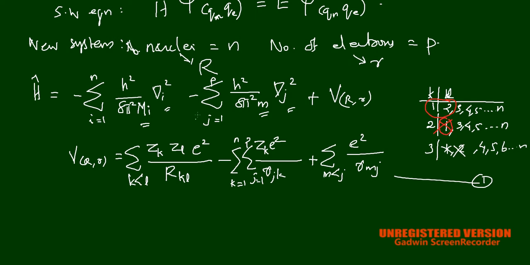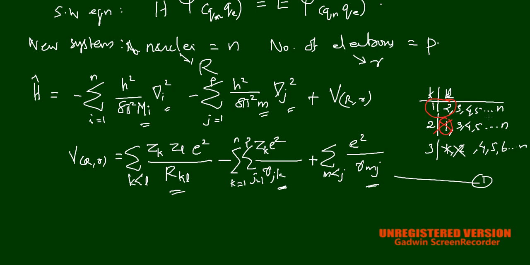Capital RKL is the distance between the kth and the lth nuclei, small rjk is the distance between the kth nucleus and the jth electron, and rmj is the distance between the mth electron and the jth electron. So you understood all the terms here. We have a very big Hamiltonian operator here.